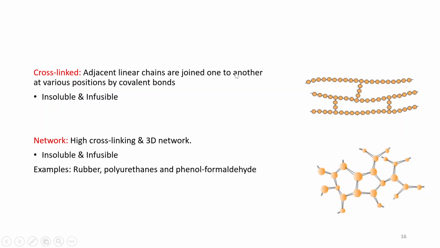In this case, adjacent linear chains are joined one to another at various positions by covalent bonds. And these are insoluble and infusible in nature. In case of network type of polymers, these are highly cross-linked and have a 3D network. These are also insoluble and infusible. Some examples include rubber, polyurethanes and phenol formaldehyde.